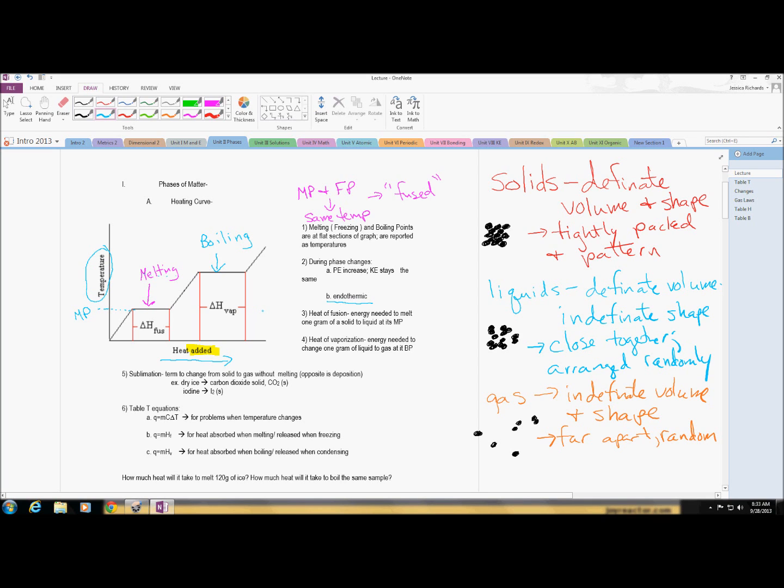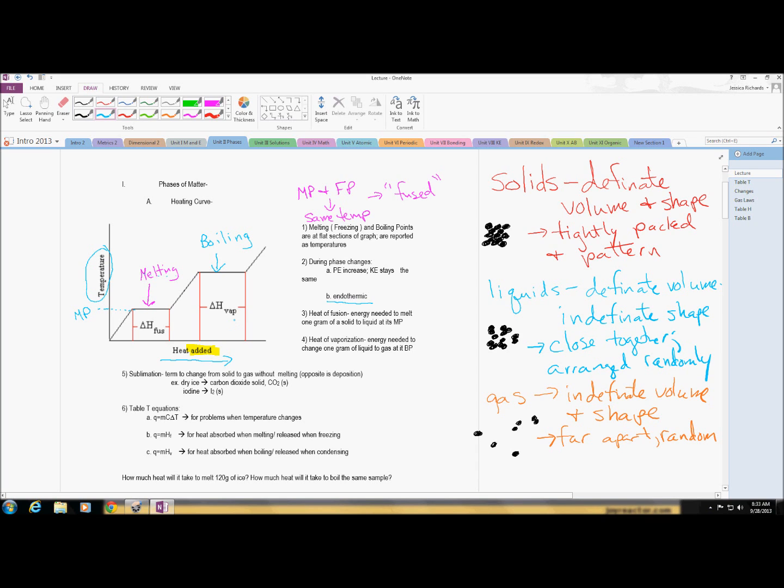There's a direct relationship between how hard those particles are hitting the surface, we call it the vapor pressure, and how hard the air is pushing down on the surface, that's the atmospheric pressure. So a direct relationship means if we increase one, we increase the other.